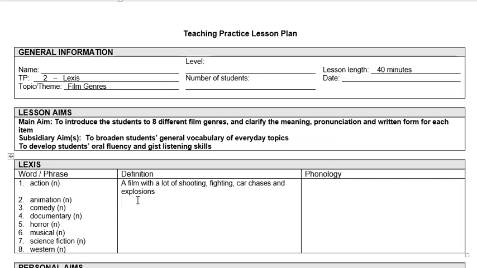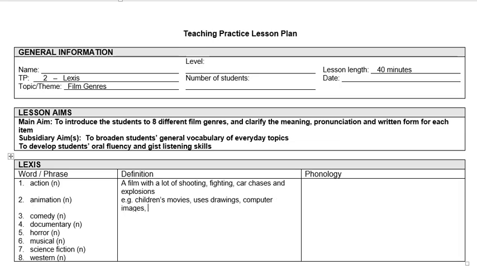For animation, example, children's movies. Uses drawings, computer images, clay, etc., i.e. not real people. You'll continue with the definition for each of these words.